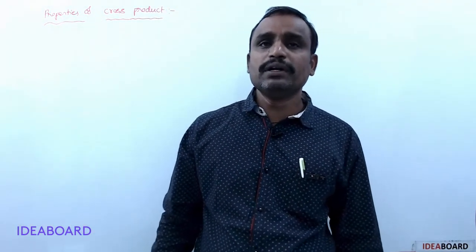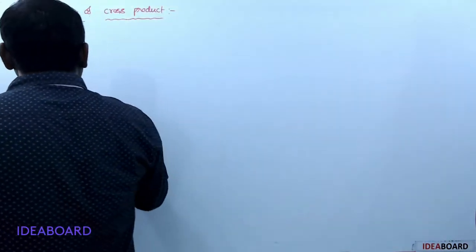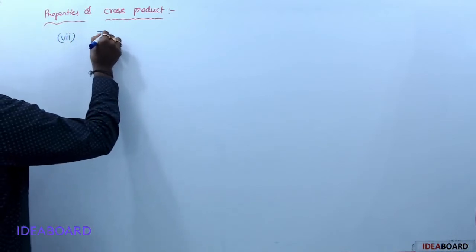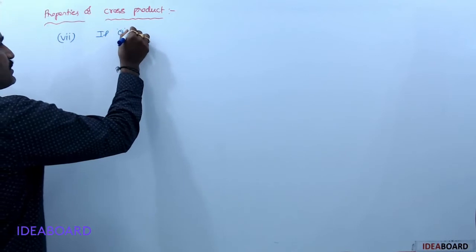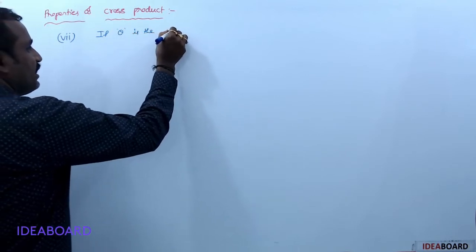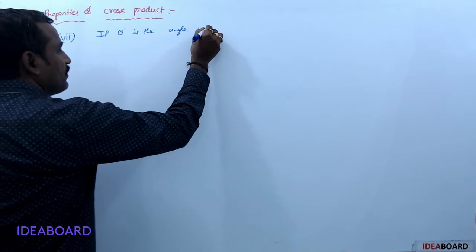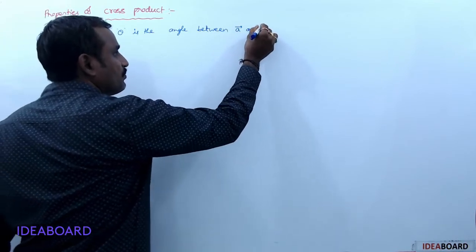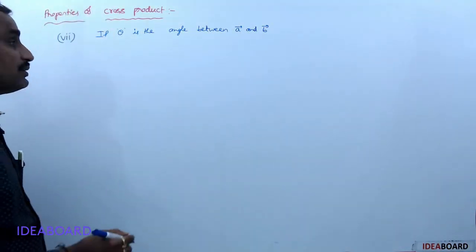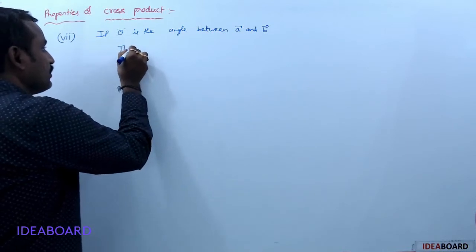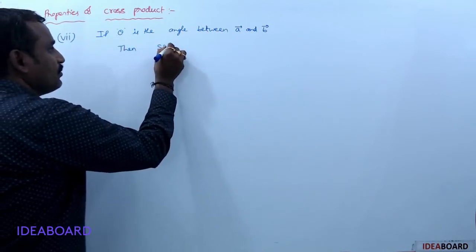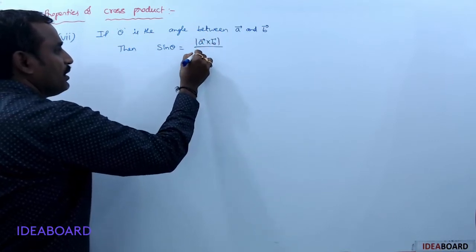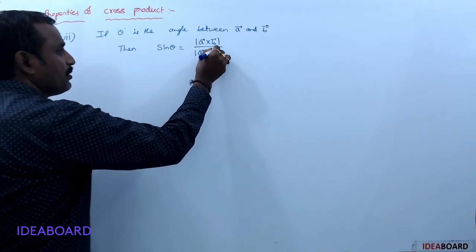Now property number 7, you can see: if theta is the angle between A bar and B bar, then sin theta is equal to magnitude of A bar cross B bar by magnitude of A bar into magnitude of B bar.